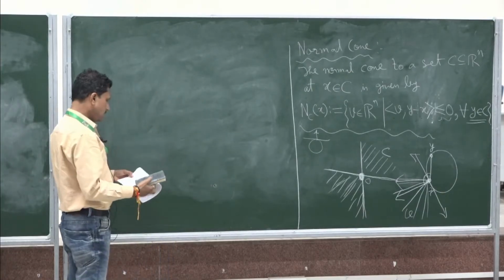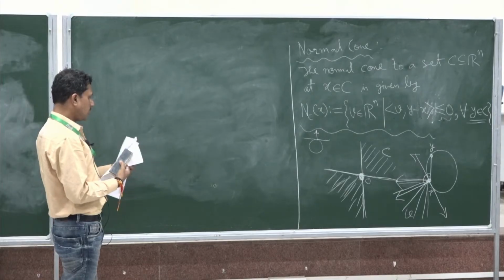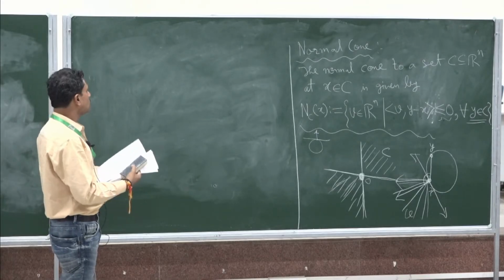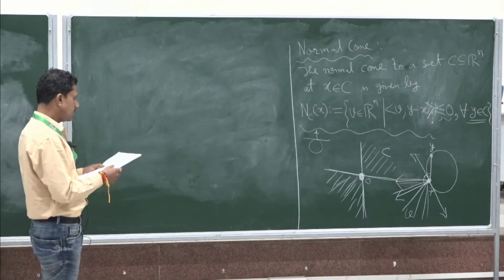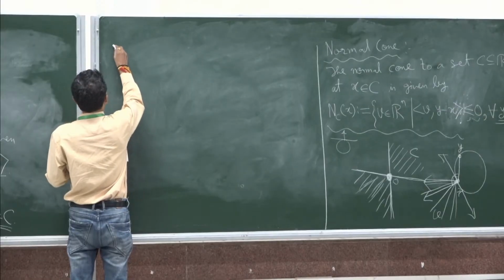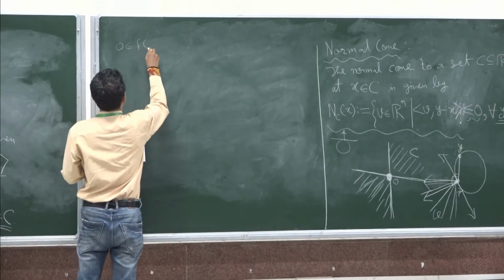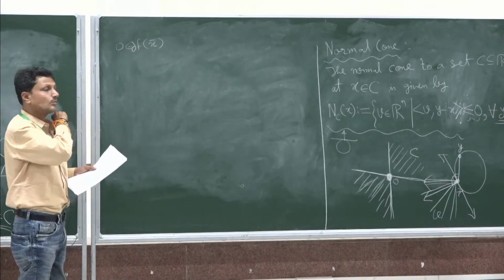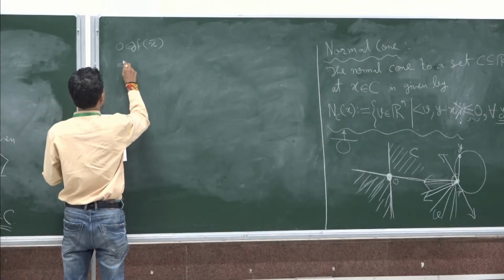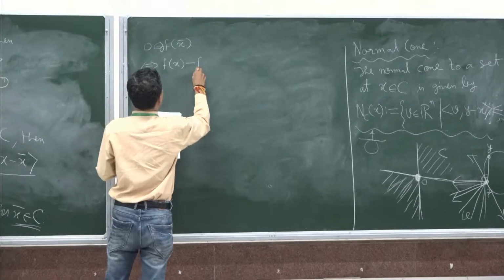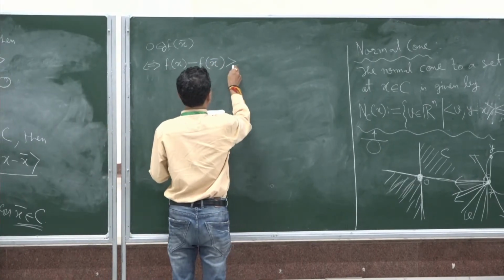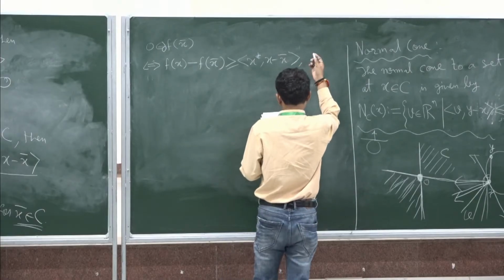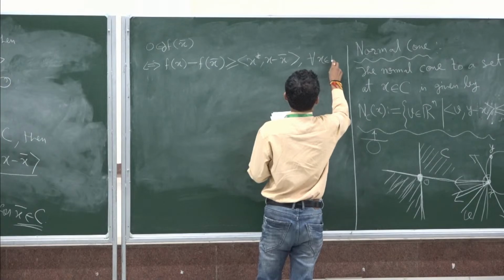So now with these two things we can move to the convex optimization problem. Because we have seen, when the notion of subdifferential was introduced, that 0 belongs to the subdifferential of f at x bar is equivalent to saying that f of x minus f of x bar is greater than or equal to x star times x minus x bar, for every x in Rn.